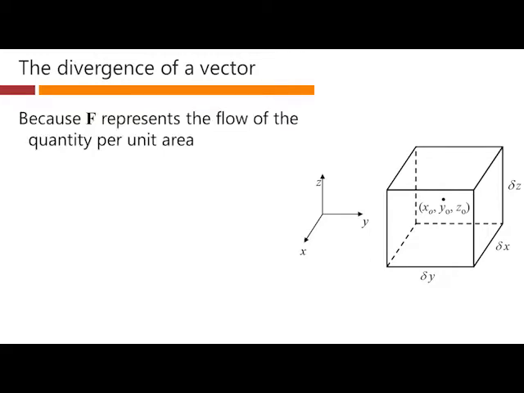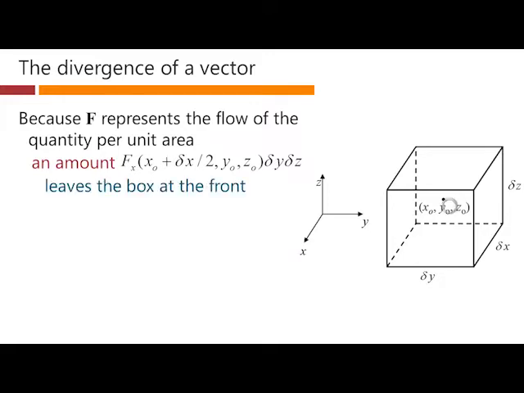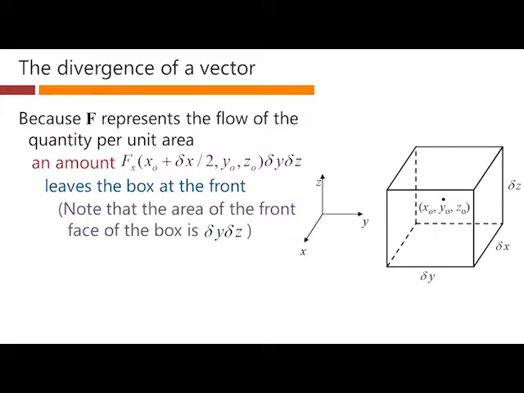Because this vector quantity f represents the flow of the quantity per unit area, some amount is going to flow out of the front face of the box. The area of that front face is delta y times delta z, and this would be the value of that vector quantity in the x direction on this front face.